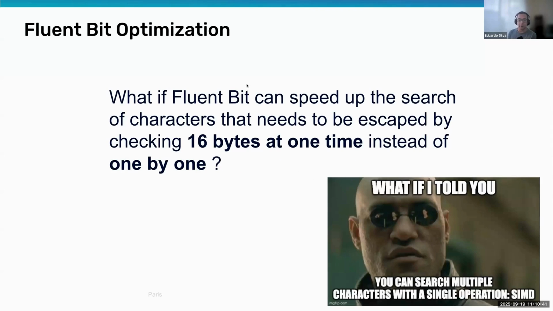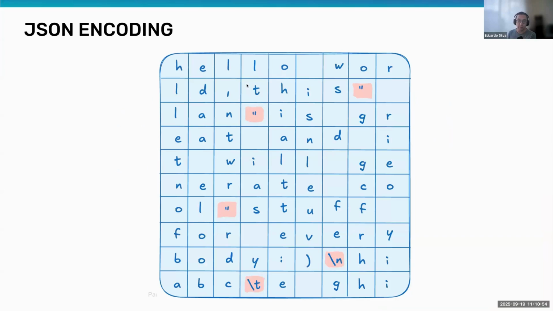And we were looking for a way: what if, instead of checking 1 byte at a time, we can check a minimum of 16 bytes at a time? Of course, that will be a huge optimization, and SIMD allows us to do that. So going back to the same example, imagine that we have this text that says, hello world, this is great, and I will generate cool stuff, blah, blah, blah.